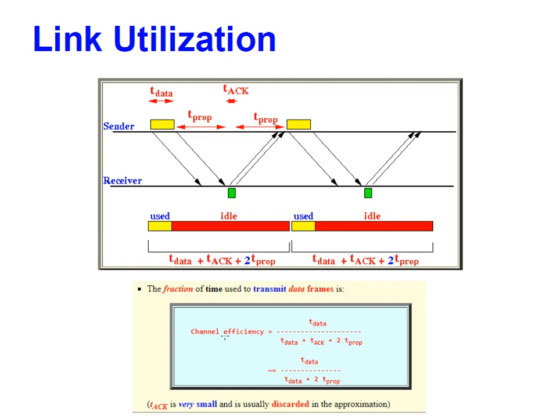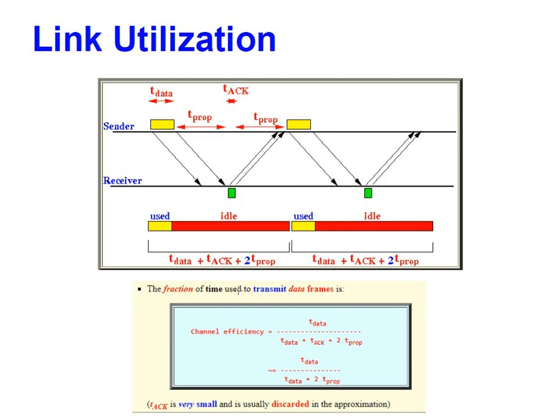When we talk about channel efficiency, it is nothing but T data divided by the total frame. That is what we show over here. T acknowledgement is very small and is usually discarded in that approximation.